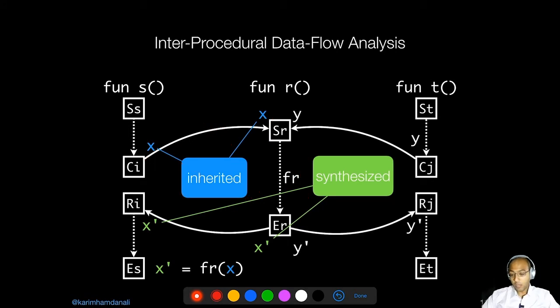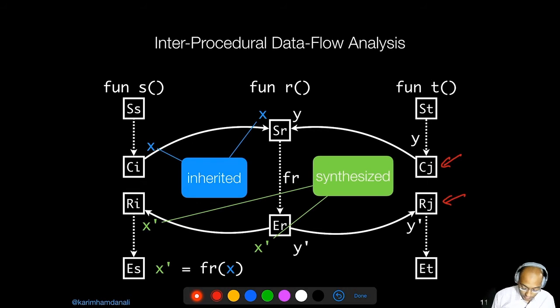We're going to do the same thing for other call sites in our program. Here we have function T, we have C_J, another call site. We're going to mark this with a pair of nodes, one for the call site and the other one for the return. It's calling R, so we're going to connect C_J to S_R.